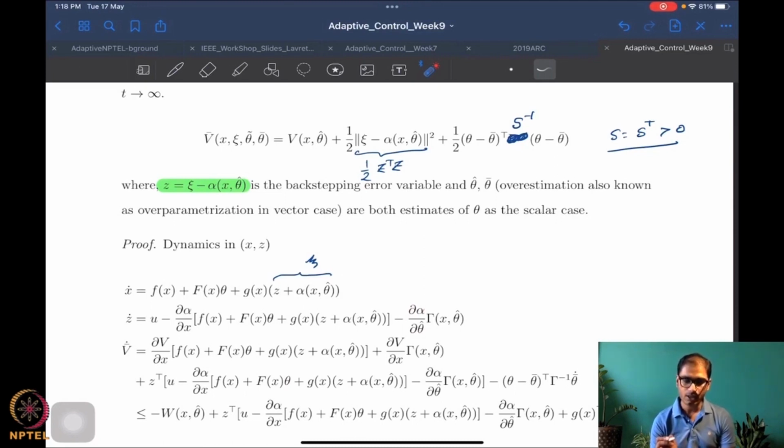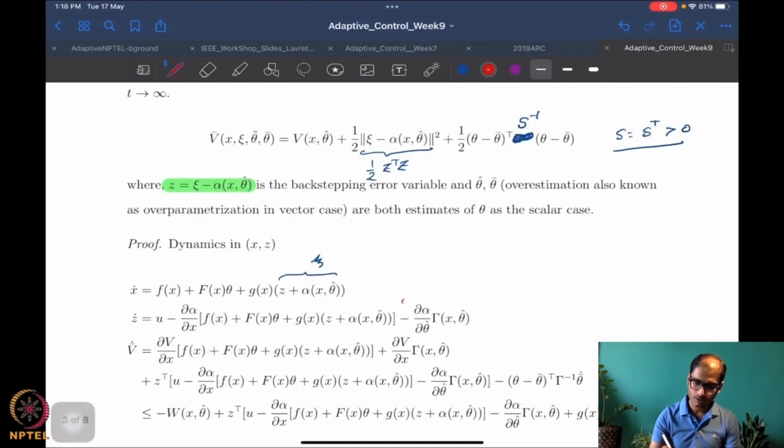So what is theta hat dot? This is where we have to be careful. This term should be minus del alpha del theta hat times theta hat dot. Remember, alpha cannot depend on theta tilde, because it was the first stage control. It can depend only on theta hat because theta tilde is unknown.